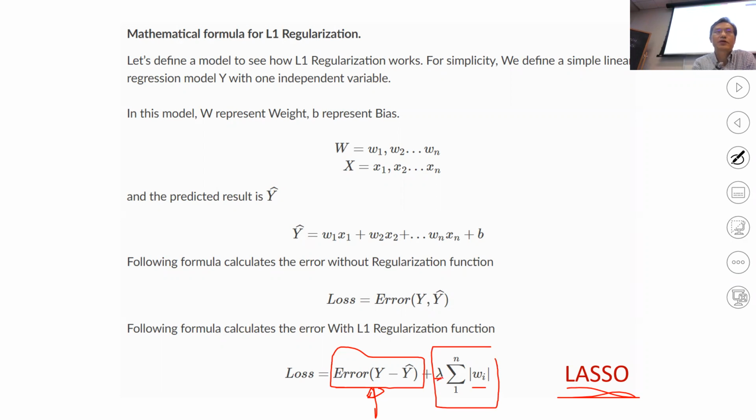And this lambda is just a parameter to adjust the contribution of this term. If you think this term is more important, you make lambda bigger. And it contributes more to the loss function, and you need to be more stringent, giving small values in the parameters. If lambda equals 0, then that's just a regular least squares optimization problem, and you don't have any restriction on the parameters.